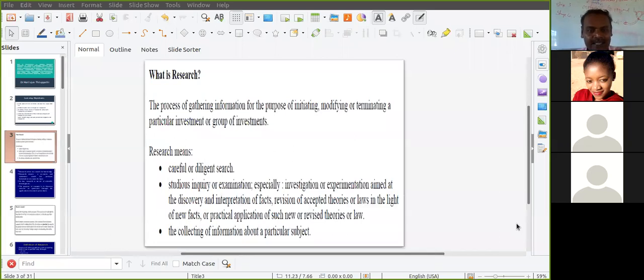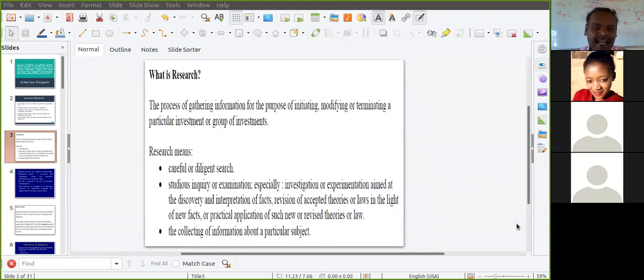So any studious inquiry or examination is called research, or investigation or experimentation aimed at the discovery and interpretation of facts, the revision of accepted theories or laws in light of new facts, or practical application of such new or revised theories or laws.